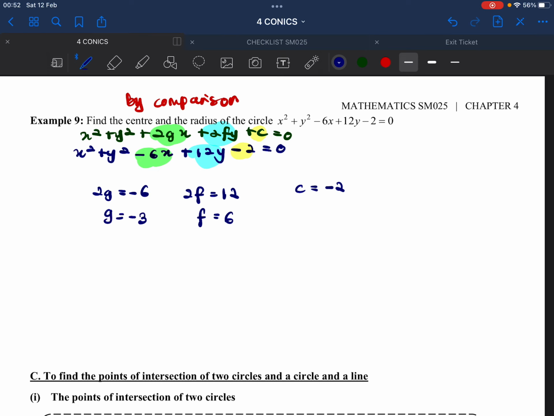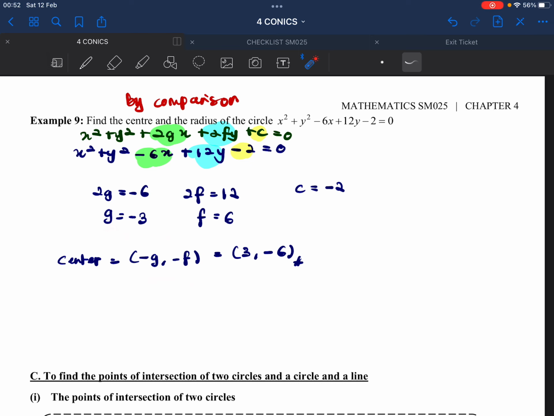If you want to find the center, remember that the center for the general equation is (negative g, negative f). That means our center is (3, negative 6). Be careful here: your center is not (negative 3, 6). For the center of the general equation, you have to put the negative.